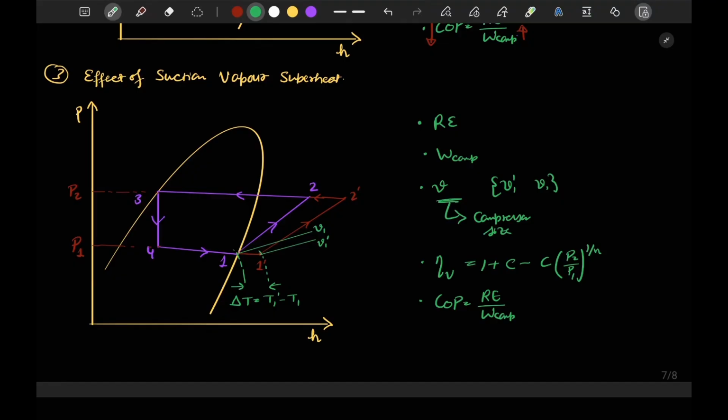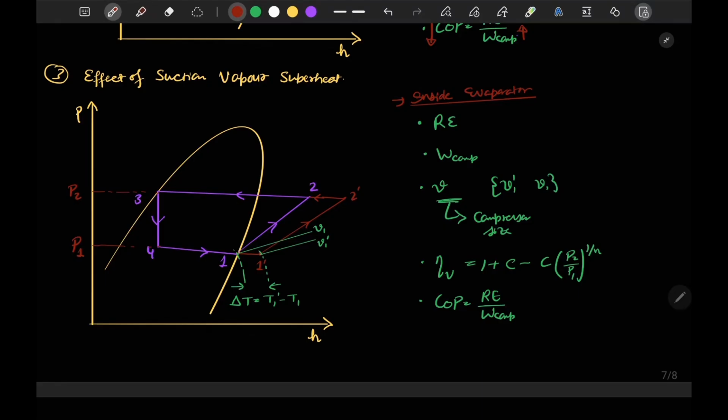Now if we see the effects, let's say that this superheating is happening inside the evaporator.